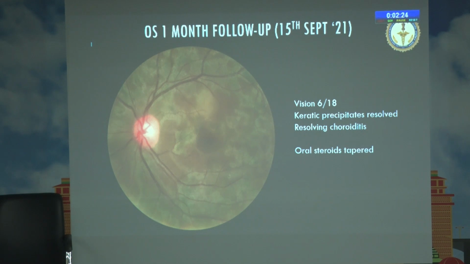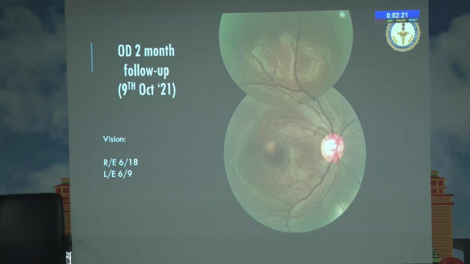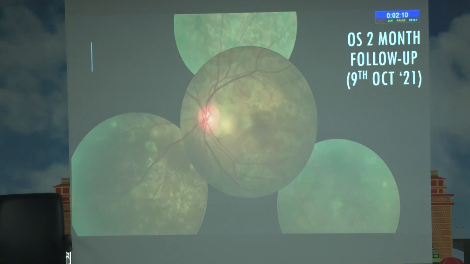On the 2nd month follow-up, to our surprise, the right eye, which was the previously normal eye, developed a new lesion, that too parafoveally, and the vision in that eye had dropped to 6/18. And the left eye had shown another new lesion that had cropped up, juxtapapillary.